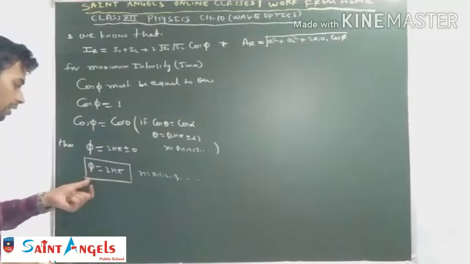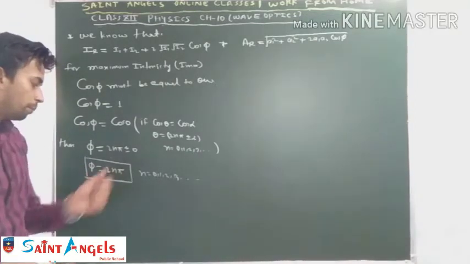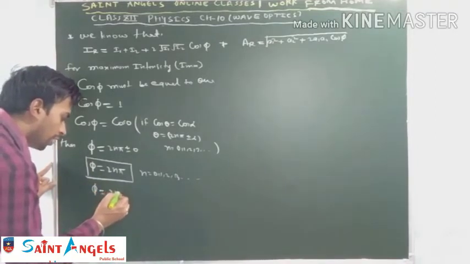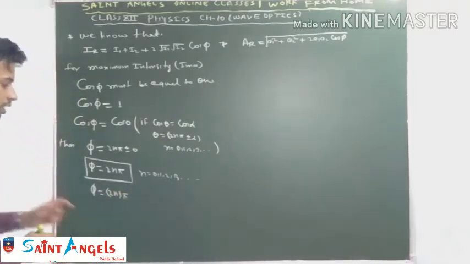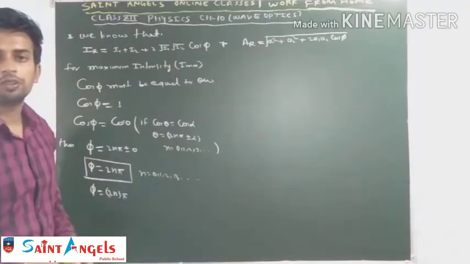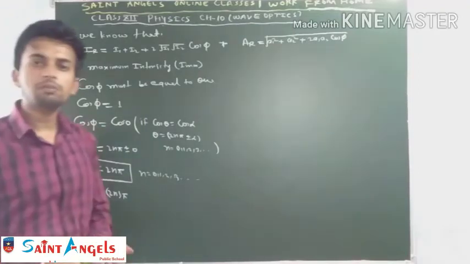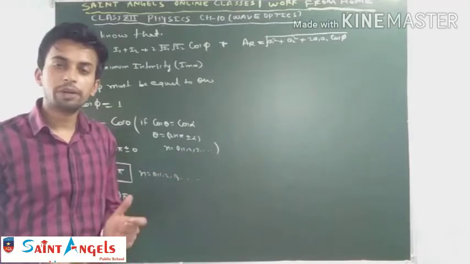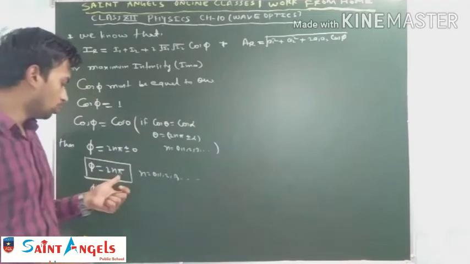So it is clear that when the phase difference between two waves is equal to 2n pi, or an even integer multiple of pi, then in that condition the intensity of the superposed or resulting wave is maximum. Maximum intensity means the brightness of the light at that particular point increases when phase difference is 2n pi.